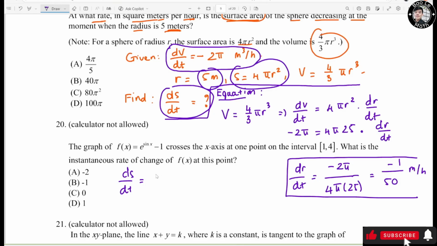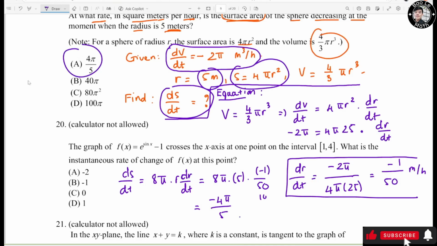So we have 8 pi times r times dr/dt. But dr/dt is negative 1 over 50, so I substitute: 8 pi times 5 times negative 1 over 50. The 5 over 50 gives 10, and 8 divided by 2 is 4, so it is negative 4 pi over 5. So the answer must be A.